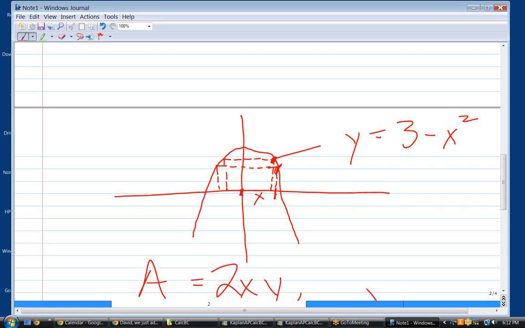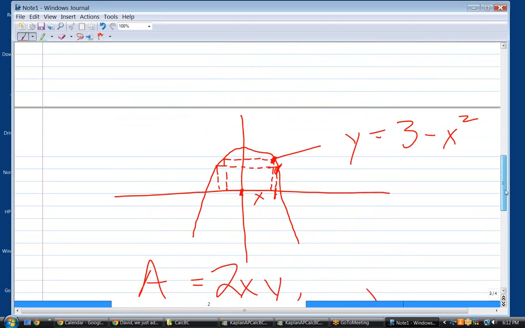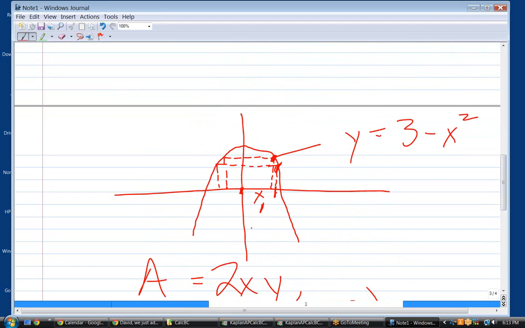It doesn't make any sense to have a minus, so we take the plus answer. So x is equal to 1, and the y coordinate is equal to 2.